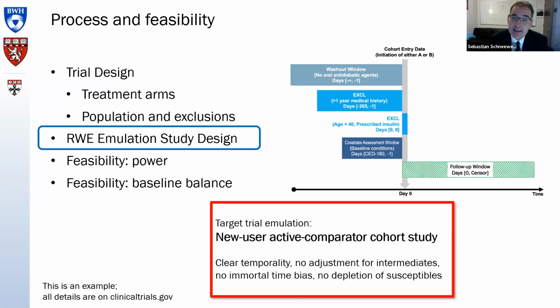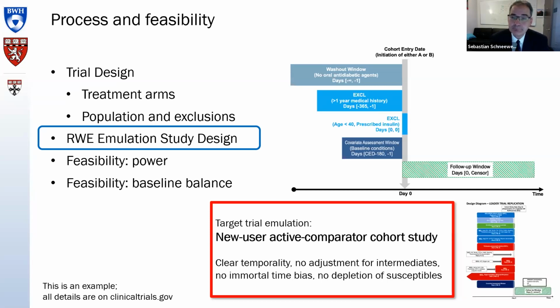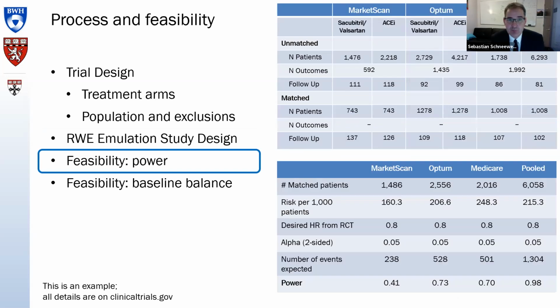In the new user design, in order to avoid adjustment for intermediates, we avoid immortal person time, we avoid depletion of susceptibles by this clear temporality and the onset and end of the follow-up. Some of these diagrams are quite complicated in order to mimic the inclusion-exclusion criteria of the trial as closely as possible.